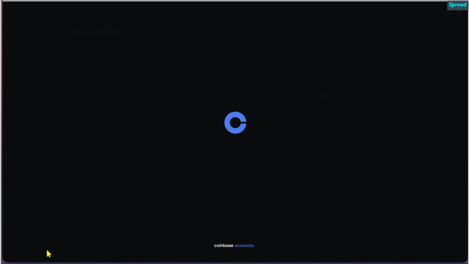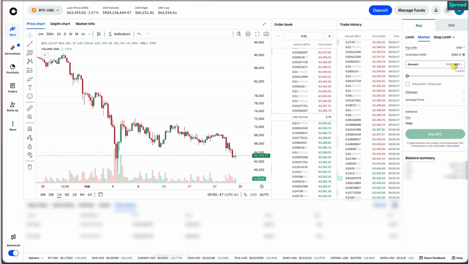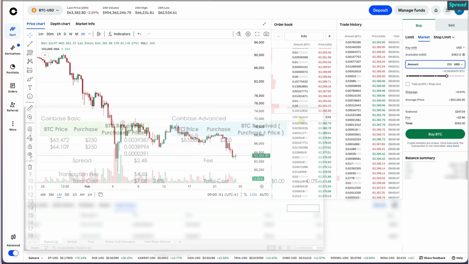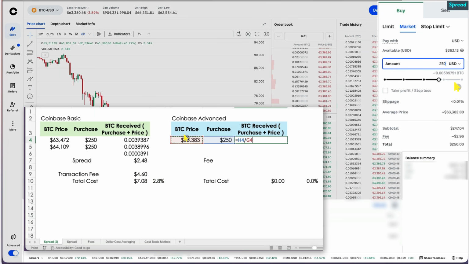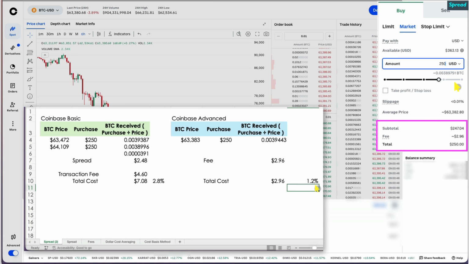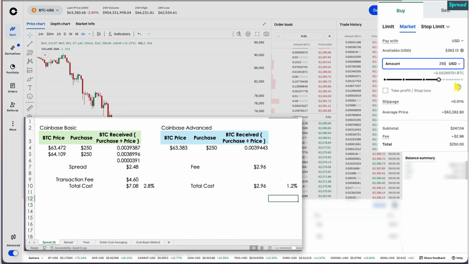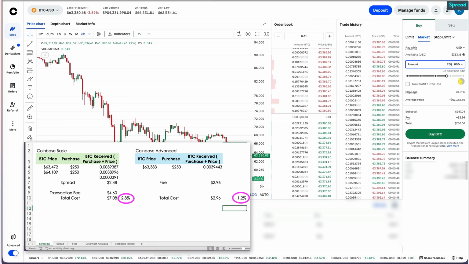Let me go back and try the same $250 transaction using Coinbase Advanced now. Here, the total fee shown is about $2.96. This is an estimate since I did not complete the trade. Coinbase Advanced fees are usually lower because trades are executed directly on the order book.